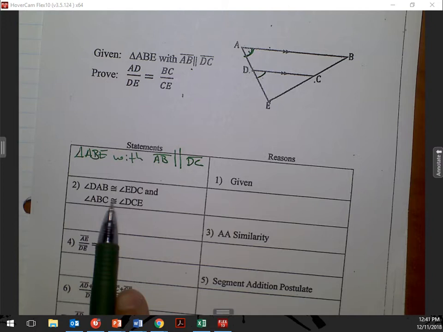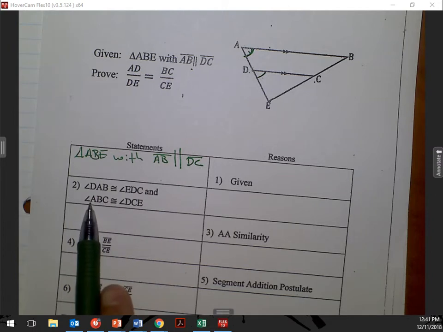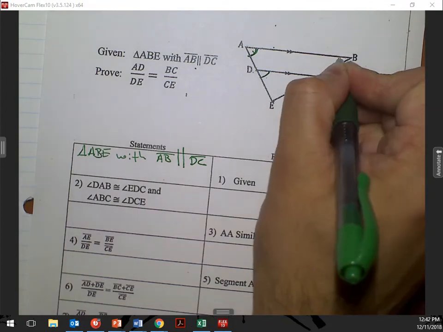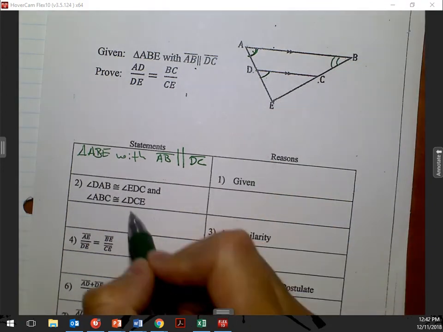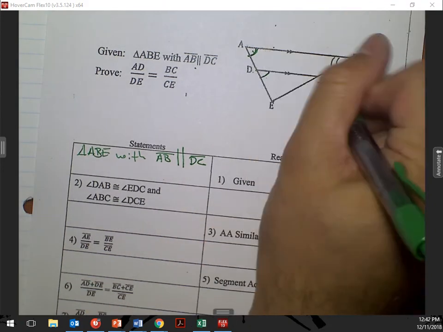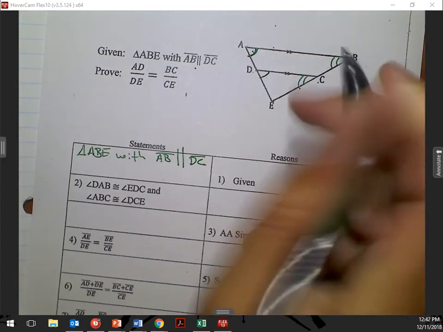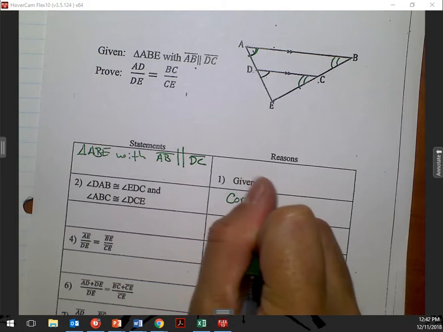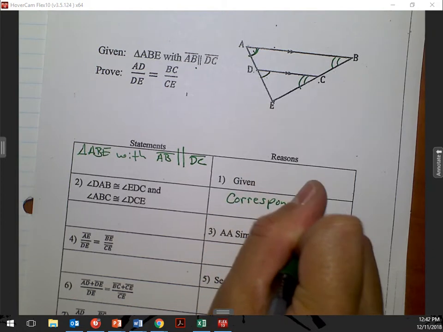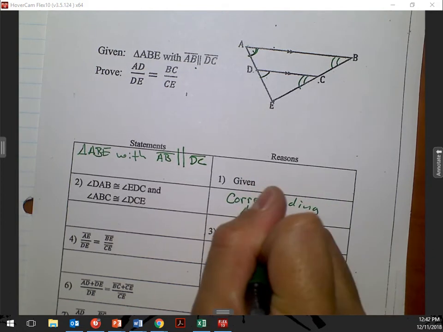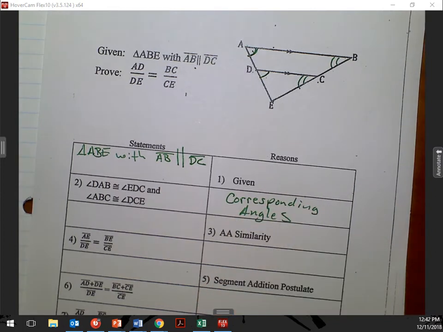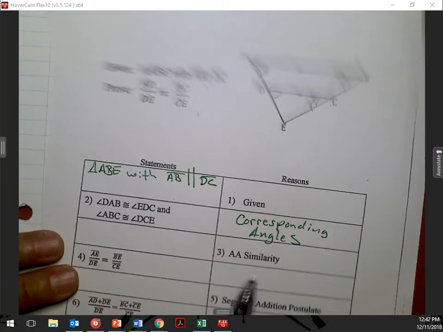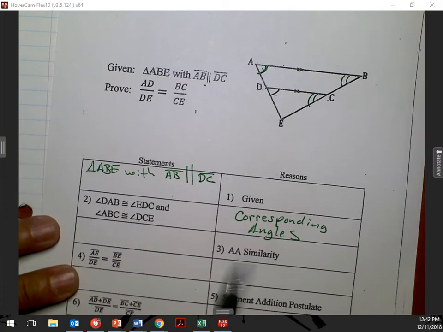Okay. Now let's look. The next one right here says angle ABC is congruent to DCE, so it's this one right here. And we said that these are corresponding angles. Now, it gives me a reason that says it's angle-angle similarity.